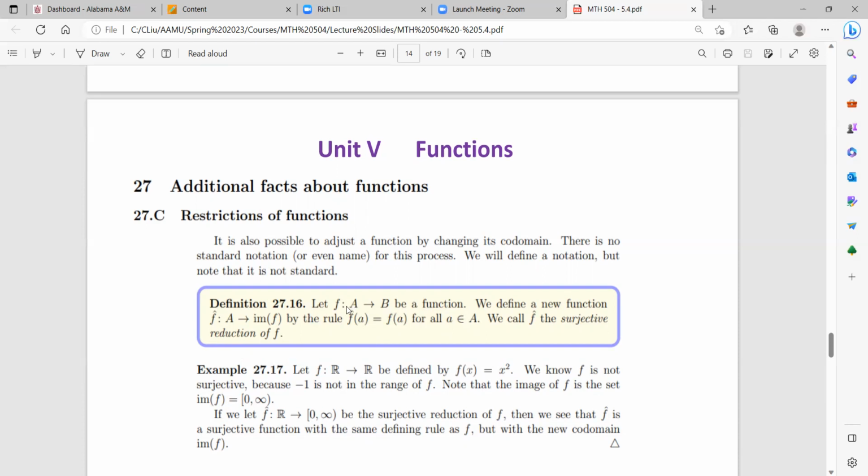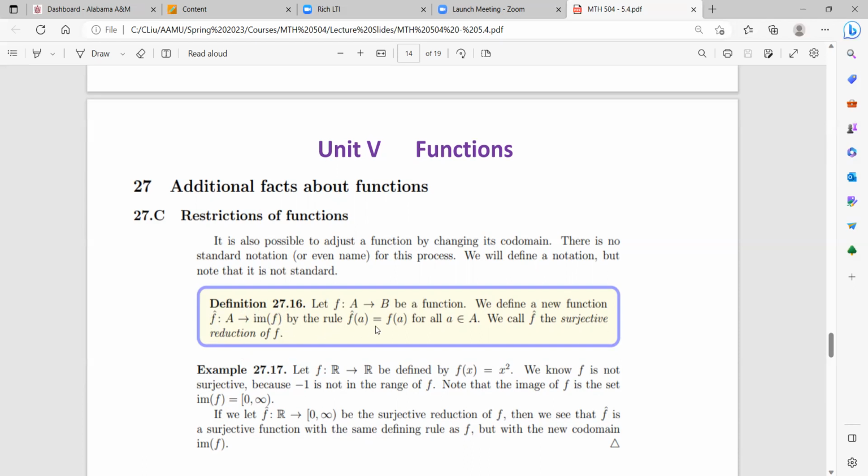Let the function f be from A to B. You can define a new function f hat from A to the image of f. Remember, the image of f is the range of f, so that's a subset of the codomain.